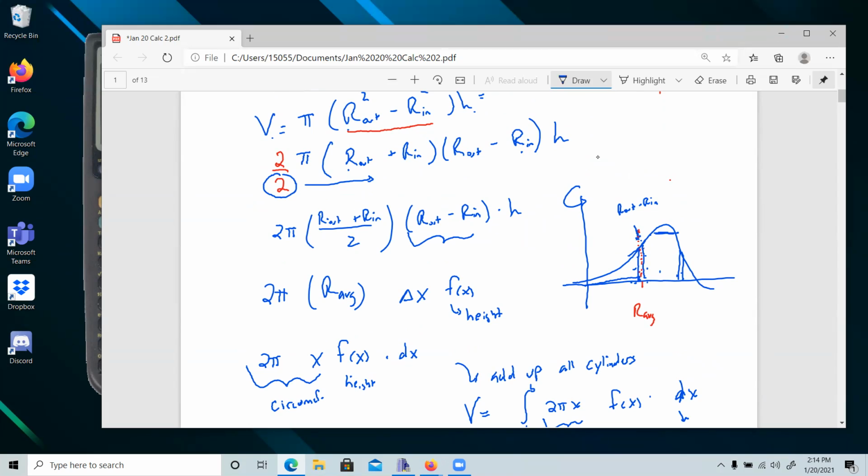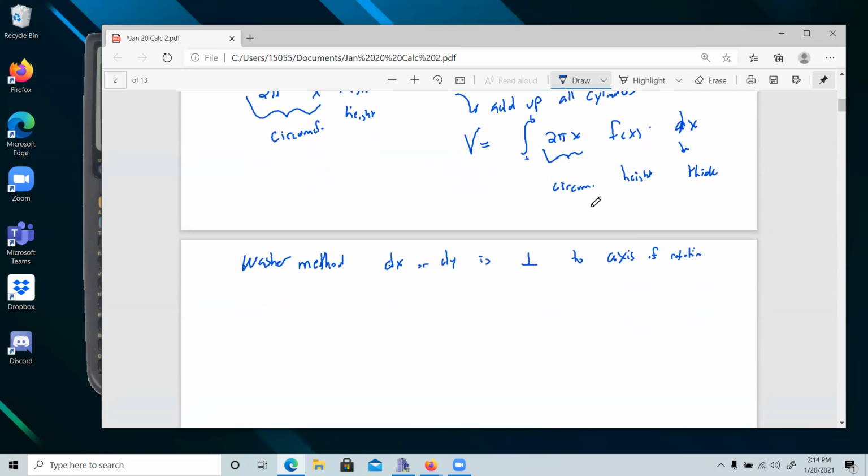In this case, here's my axis, here's the little cylinders that we're adding up. These are parallel to it, right? So cylinder method, shell method, dx or dy is parallel to the axis of rotation.